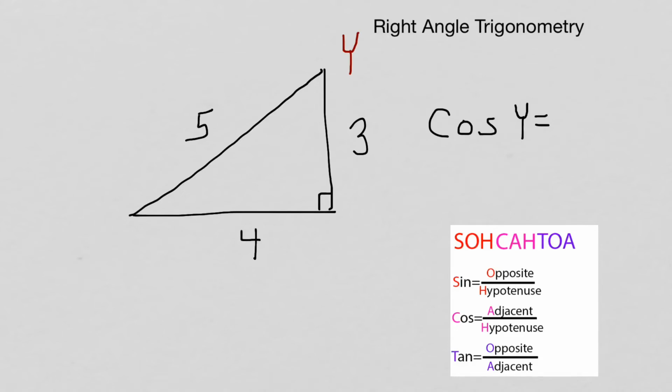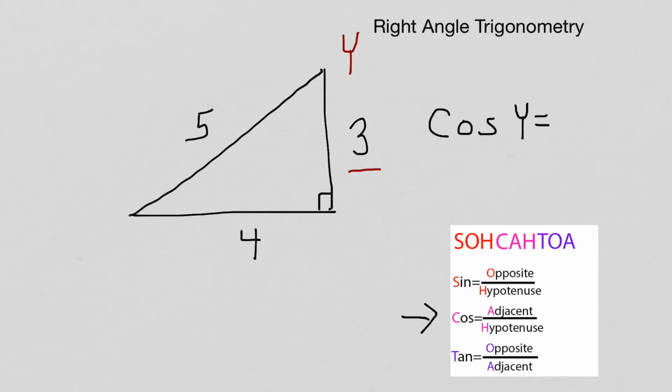All right, next problem. We've got cosine y. I go down to my little box down here. Cosine equals adjacent over hypotenuse. Okay, we're just talking in the perspective of y here. The one that's adjacent is the one that touches it that's not the hypotenuse.